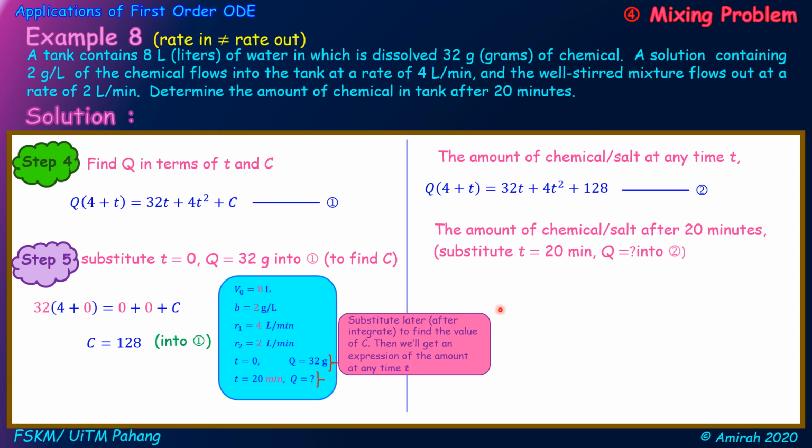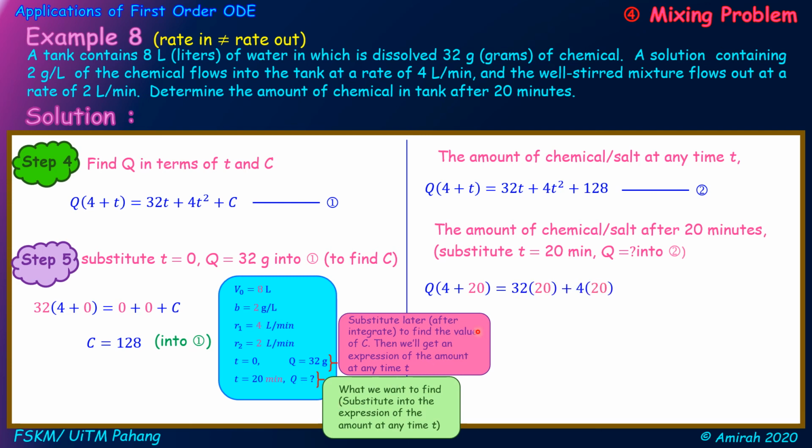So we get Q times 4 plus t, where t we substitute by 20, equals 32 times 20, plus 4 times 20 squared, plus 128. After simplifying, we get Q times 24 equals 2368.